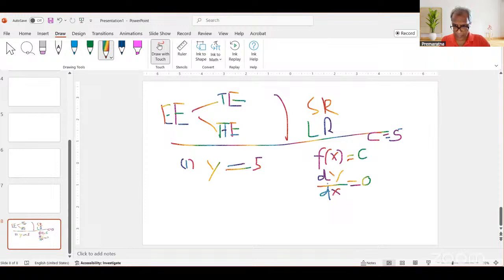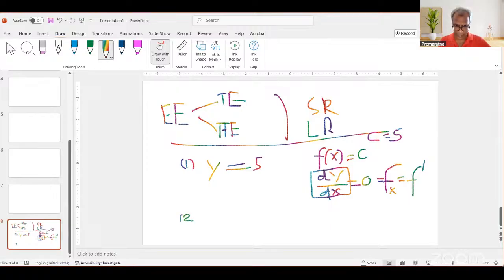For differentiation, the symbol we usually use is dy by dx, and later I will also use a symbol like f'(x), which means the first differentiation. That is the rule for the differentiation of a constant term.